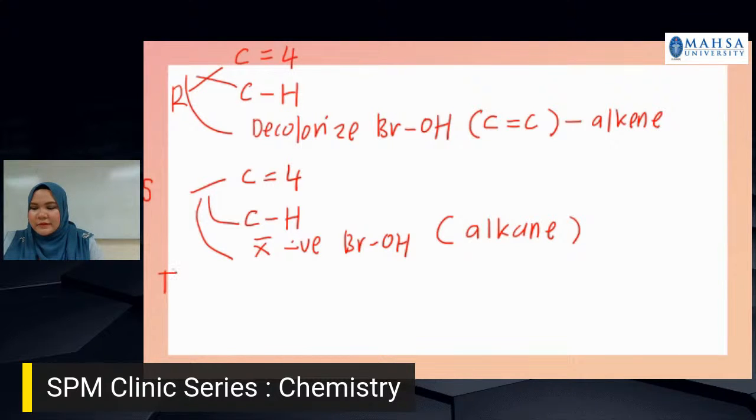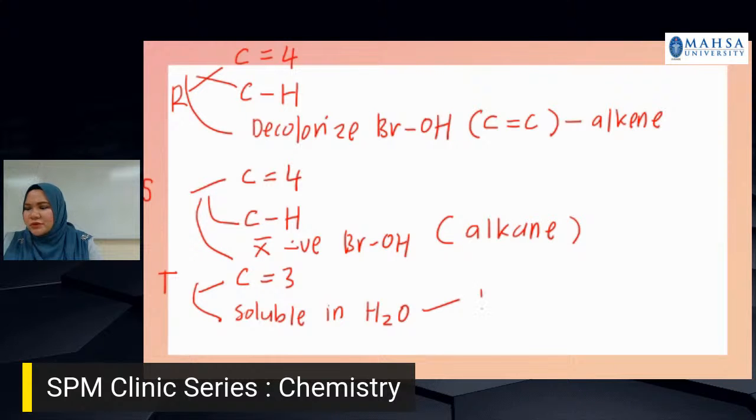So T, what information do we get here? Carbon equals 3 atoms. Then what about the solubility in water? Solubility in water means that you should refer to hydrogen bonding.